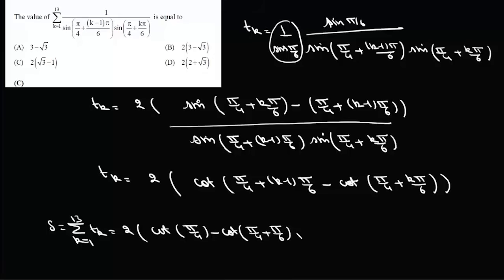If we put k as 2, we get cot of pi by 4 plus pi by 6. Then minus will continue, and in the end we'll have minus cot of pi by 4 plus 13 pi by 6. Now all these terms, they'll cancel.